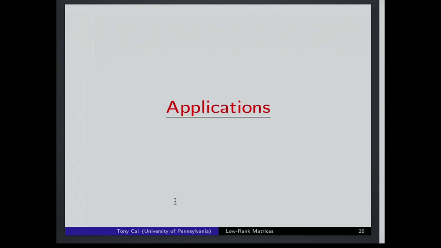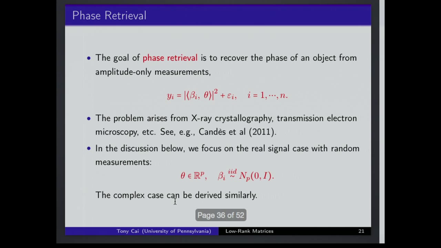If we apply this result to phase retrieval, and many of you must have heard of phase retrieval, and if you haven't, that's fine. It's basically when you do linear regression, but you take the square instead of just the linear term. So in this case, you are still trying to recover the signal vector theta.